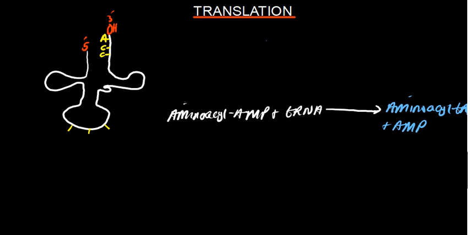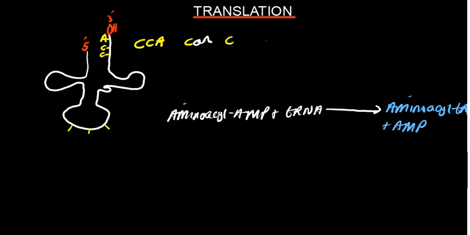So now, another interesting point is this one here. Each and every tRNA has this base sequence at the 3' end, which is CCA. For easy remembering: CCA can carry amino acids.